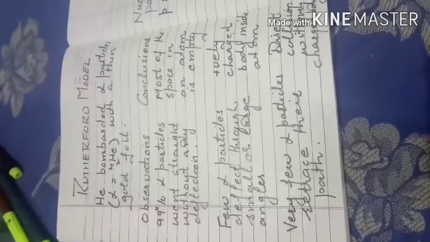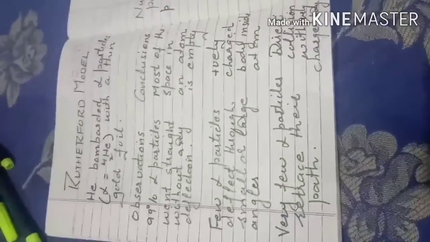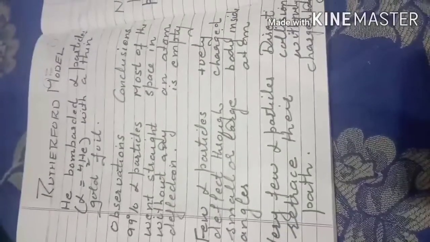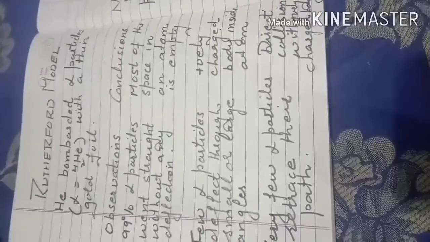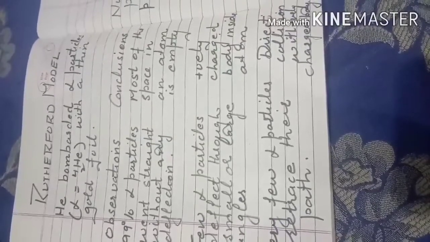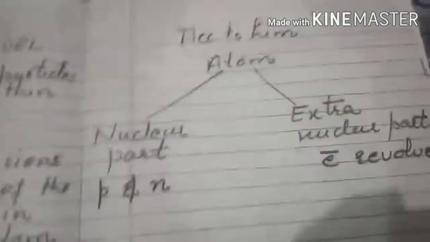And third observation was very few alpha particles retrace their path. From this, he concluded that there is a direct collision of these alpha particles with positively charged body inside the atom. So thus, according to this Rutherford model, the atom consists of two parts.